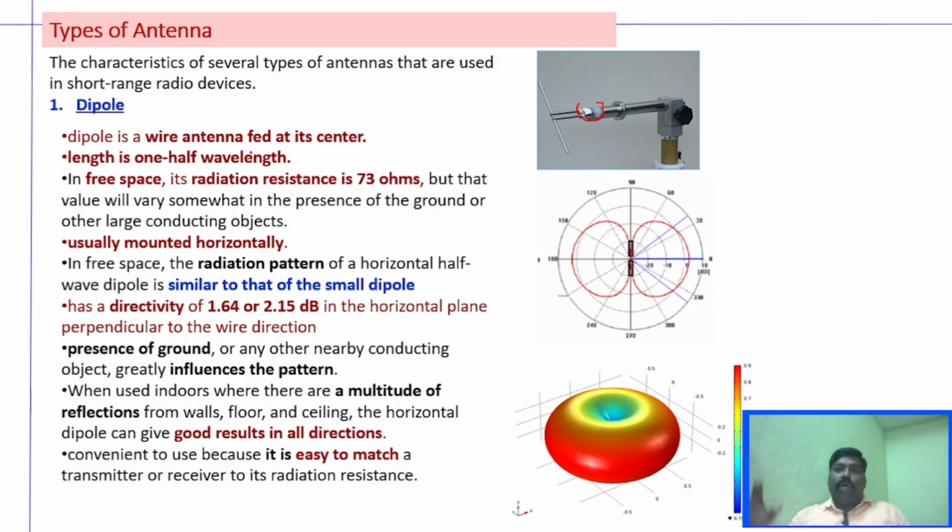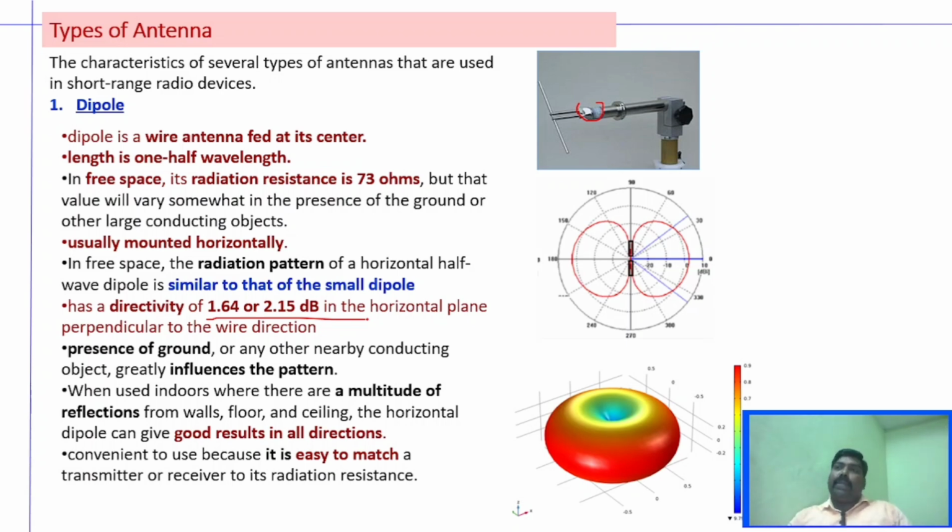And it can be usually mounted horizontally for better radiation pattern. And it has a directivity of 1.64 to 2.15 dB. And it is very good for short range communications. The only concern here is the size of the antenna.